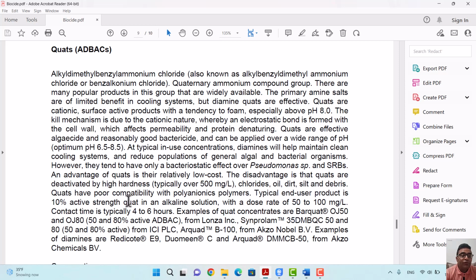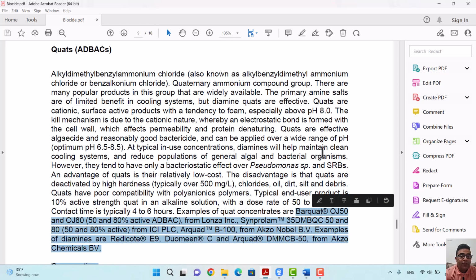Quats have poor compatibility with polyanionic polymers. The typical end-user product is 10% active strength quat in an alkaline solution with a dose rate of 50 to 100 ppm. Contact time is typically 4 to 6 hours. Examples of quat products are these. You can check them on the internet, and if you need, you can contact them.